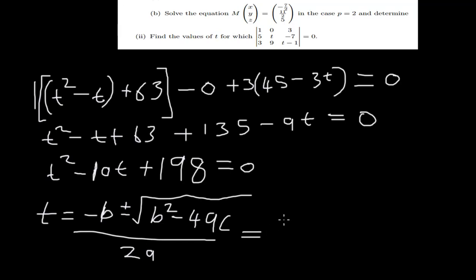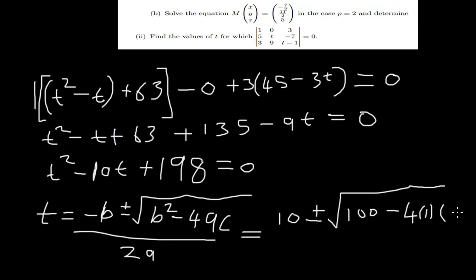So negative b is going to be positive 10 now, plus or minus the root of 10 squared, which will give you 100, then minus 4ac, which is just the same as 4 times our a is 1, and then our c is 198.